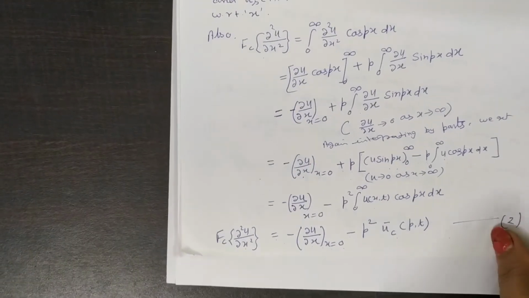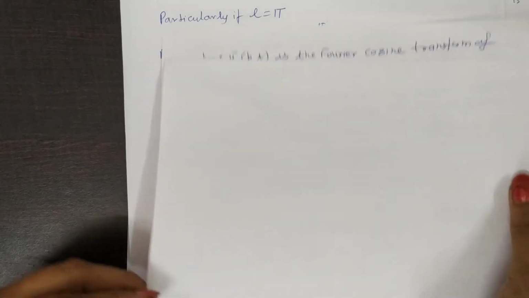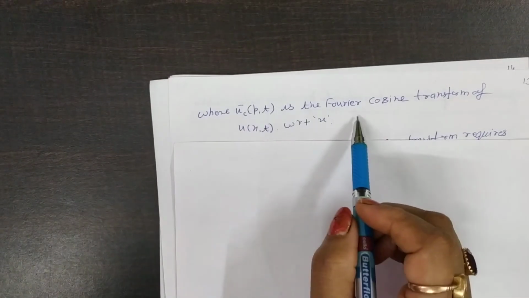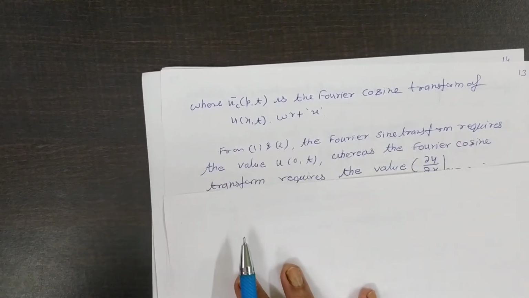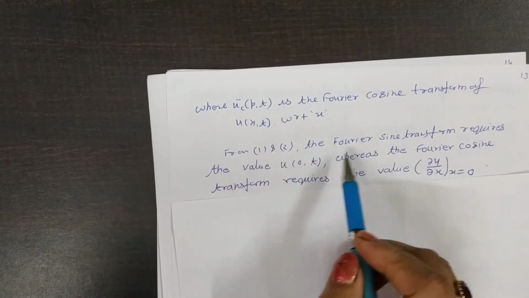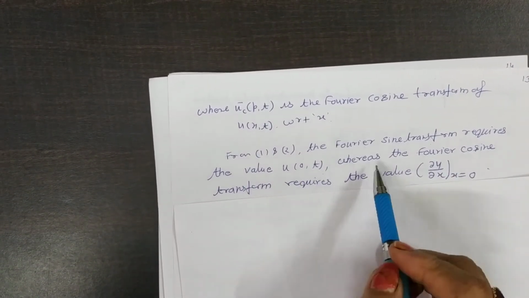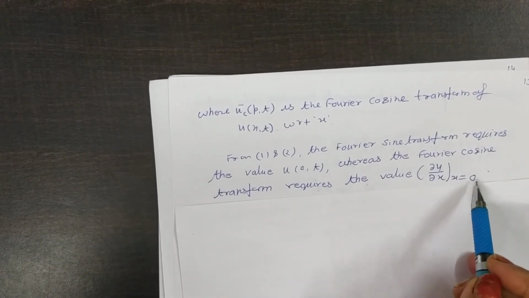Clear? Okay, students. Here ū_c(p,t) is the Fourier cosine transformation of u(x,t) with respect to x. From equations 1 and 2, the Fourier sine transform requires the value of u(0,t), whereas the Fourier cosine transform requires the value of ∂u/∂x at the point x equal to 0.